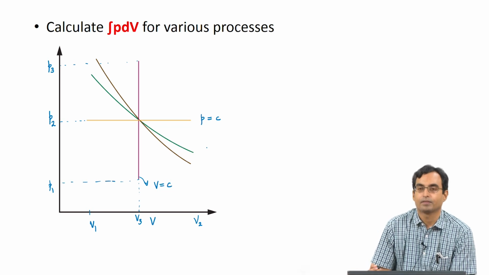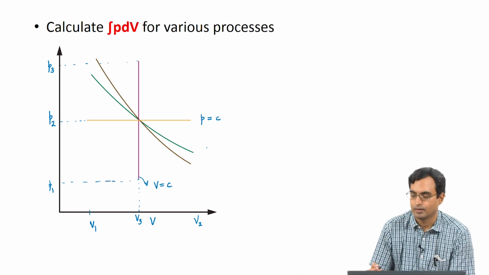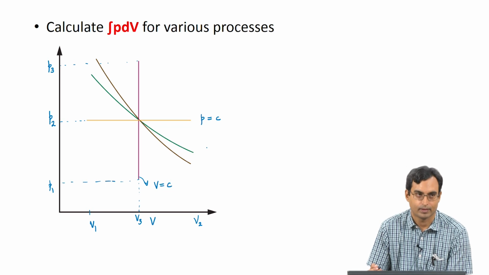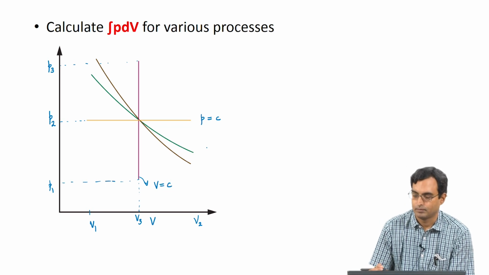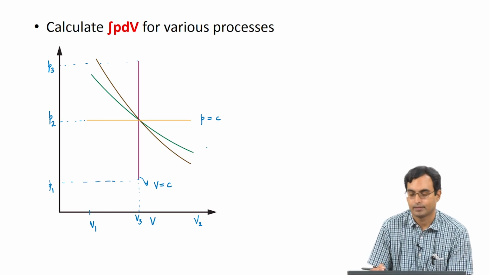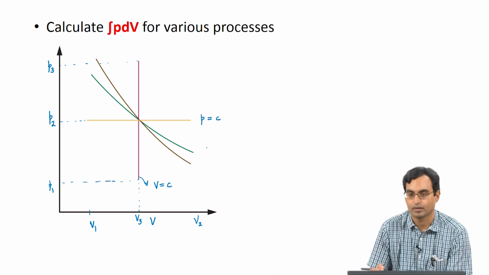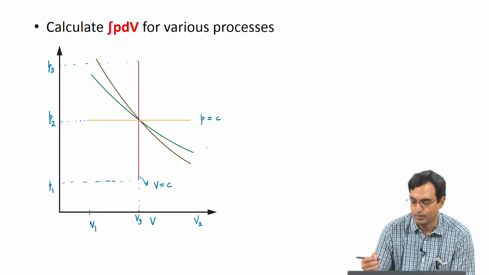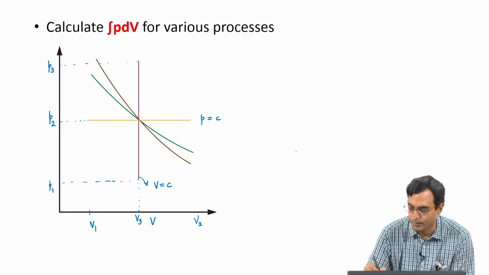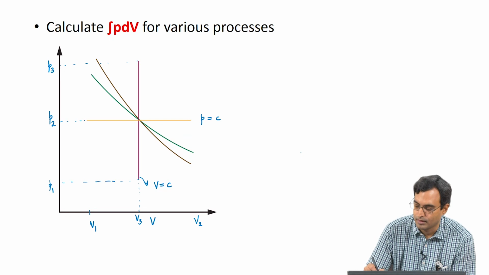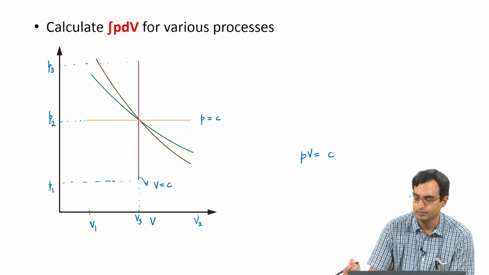One of the other processes which we are commonly interested in is what is called an isothermal process. We will look at what an ideal gas is in some time, but all of you are familiar with the ideal gas equation of state. I do not want to write that for the moment, but for an ideal gas that is represented as PV equal to constant.